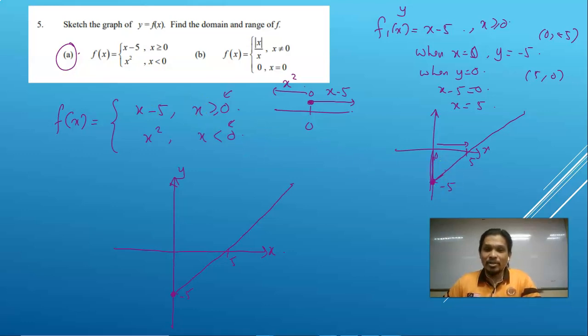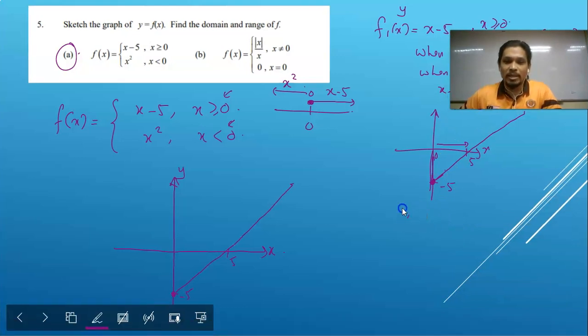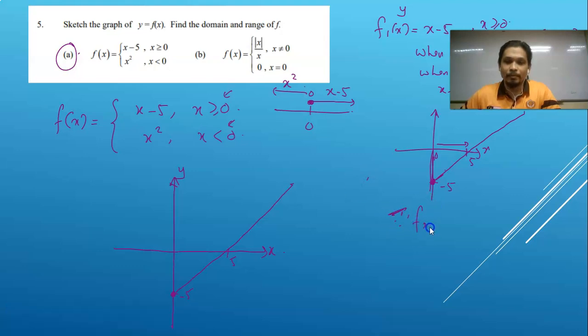And now, the second function, f2, x squared. Okay, the graph for the function of x squared is a curve something like this.